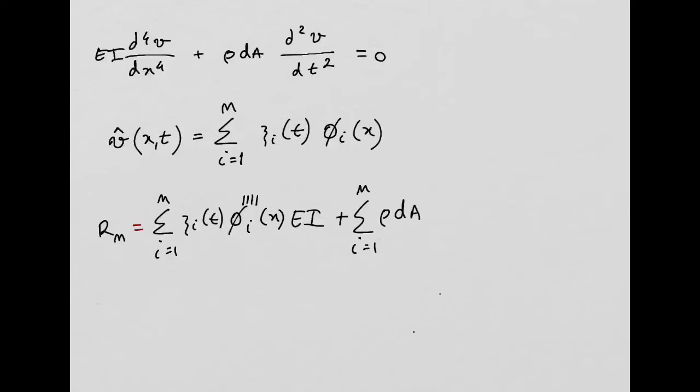Rho dA times the second derivative of my function xi times the shape function phi. And this is my residual.